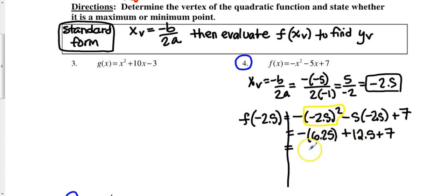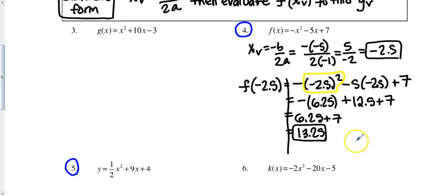What do you get in your calculator? We get positive 6.25 plus 7 is 13.25. So my vertex is at negative 2.5, comma, 13.25.